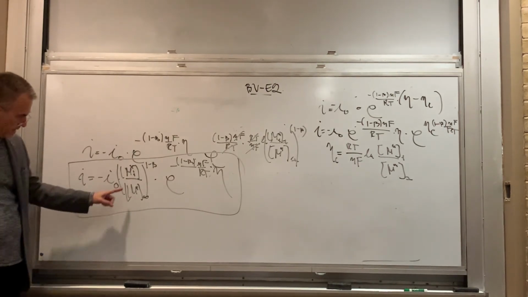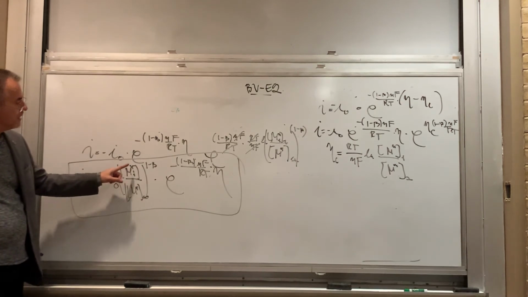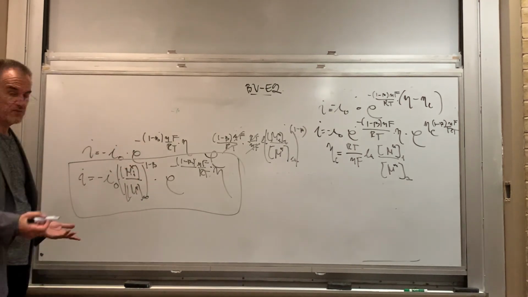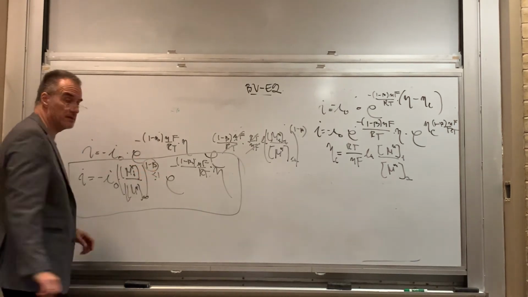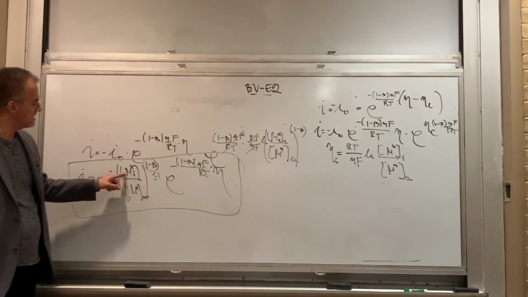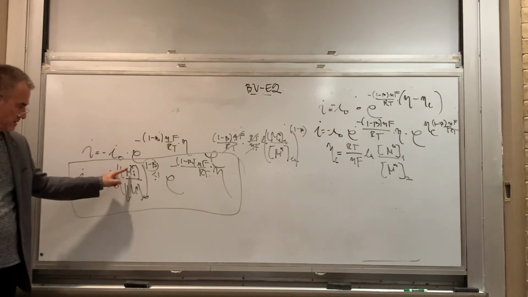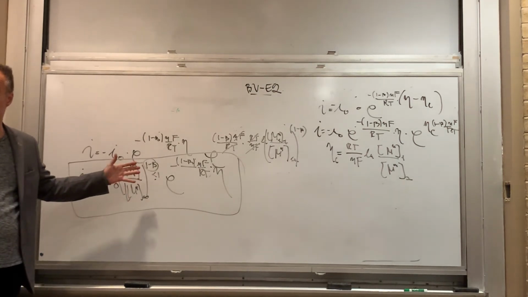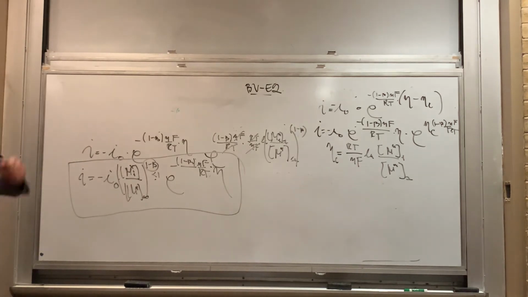You can see that here, as this goes down, let's say beta is 0.5. That means there's some kind of exponent less than 1 here, right? So let's say this M interface is only 10% of the bulk concentration. This ratio, the square root of 0.1, is 0.33, something like that, right?